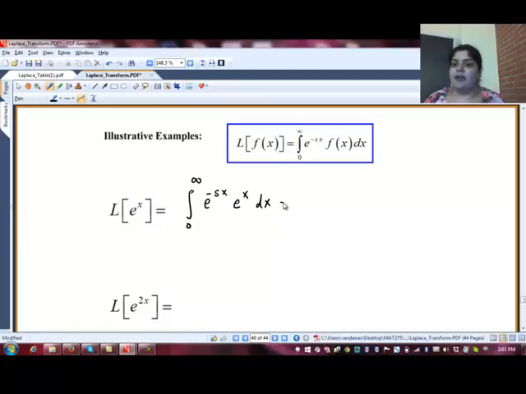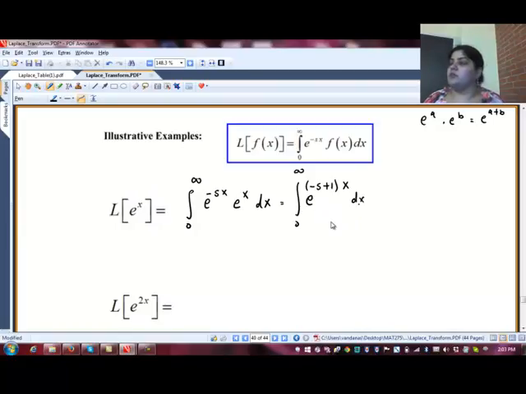I will combine the terms here: e to the power minus (s plus 1) x, from 0 to infinity, dx. e to the a times e to the b is e to the a plus b, so we have this expression.